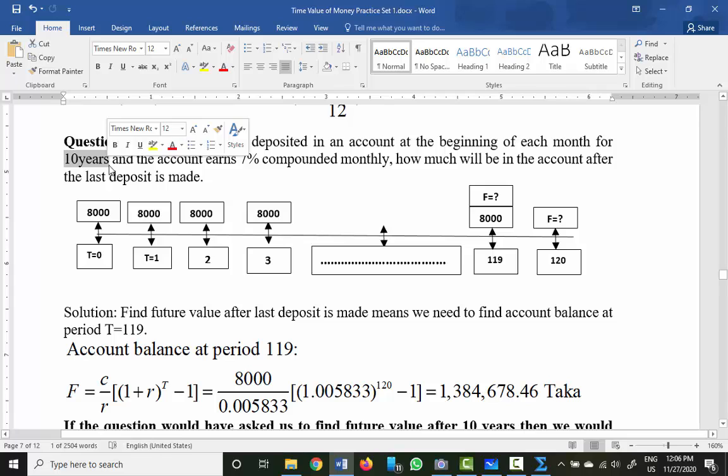So this is the monthly installment amount, but paid at the beginning of each month. Beginning of each month means this is an annuity due problem, right? And the account earns 7% compounded monthly. How much will be in the account after the last deposit is made?